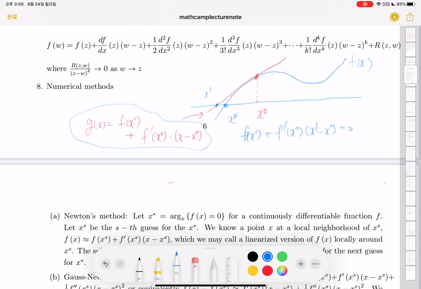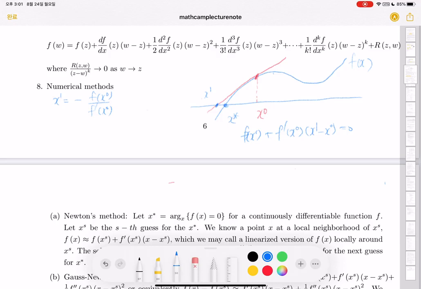Therefore, your x1 is x naught minus f of x naught over f prime of x naught.